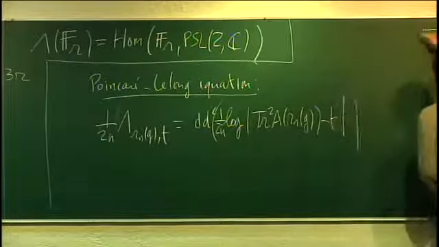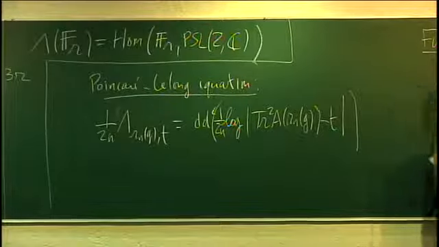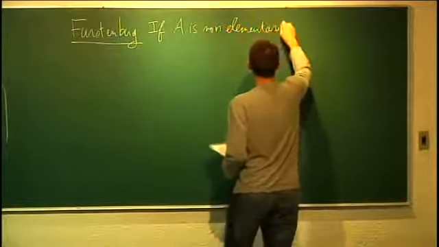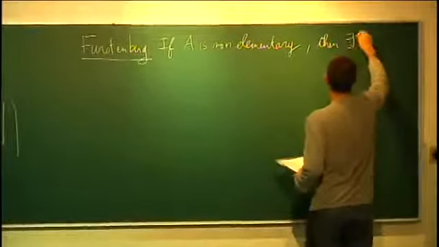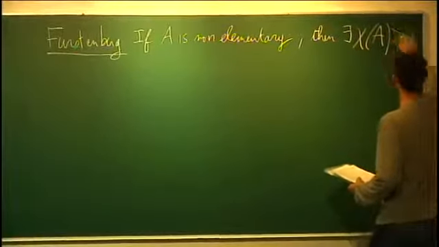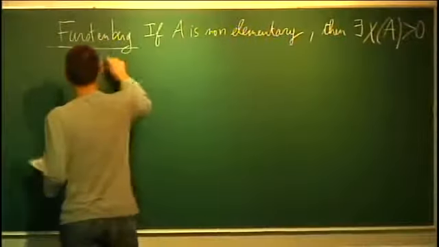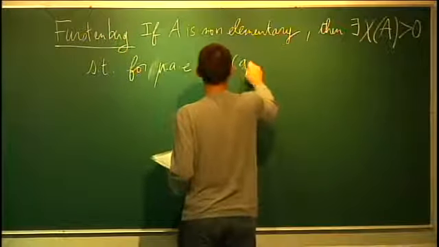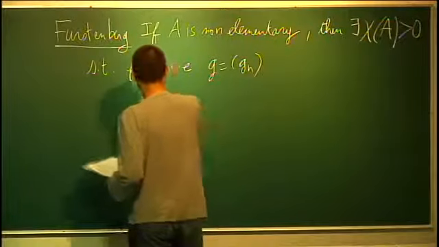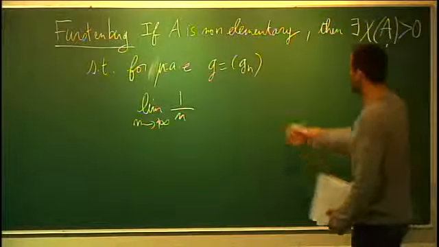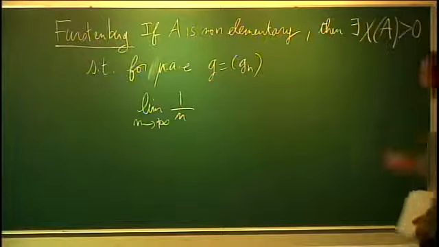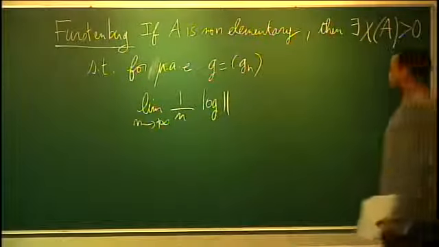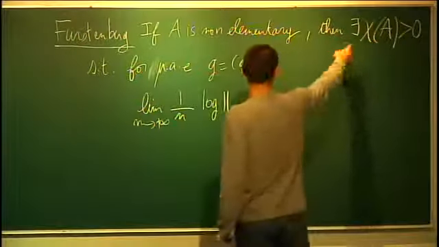I recall that there is this result by Furstenberg, which says that if A is non-elementary, then there exists a number, called the Lyapunov exponent of the representation and of the measure mu, such that for almost every random walk, if you look at the image of the n-th step of the random walk by the representation, this is going to be a matrix whose norm is exponential, and the rate of this sequence is exactly that number, the Lyapunov exponent.